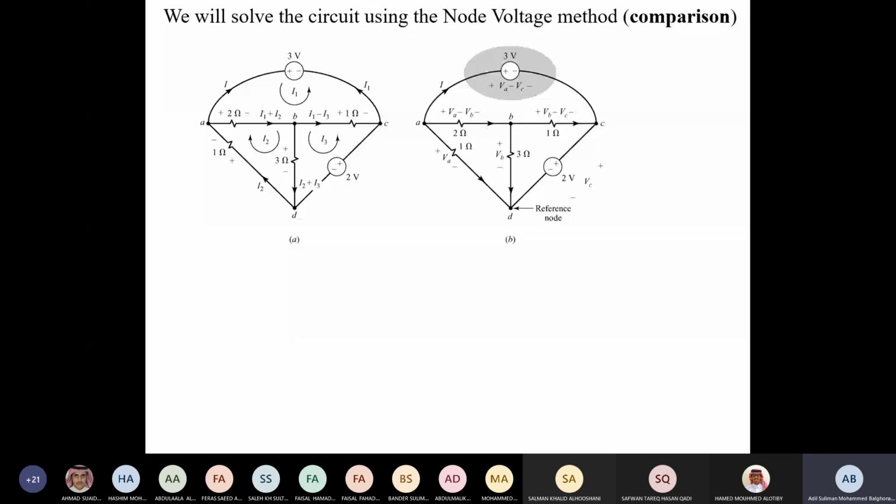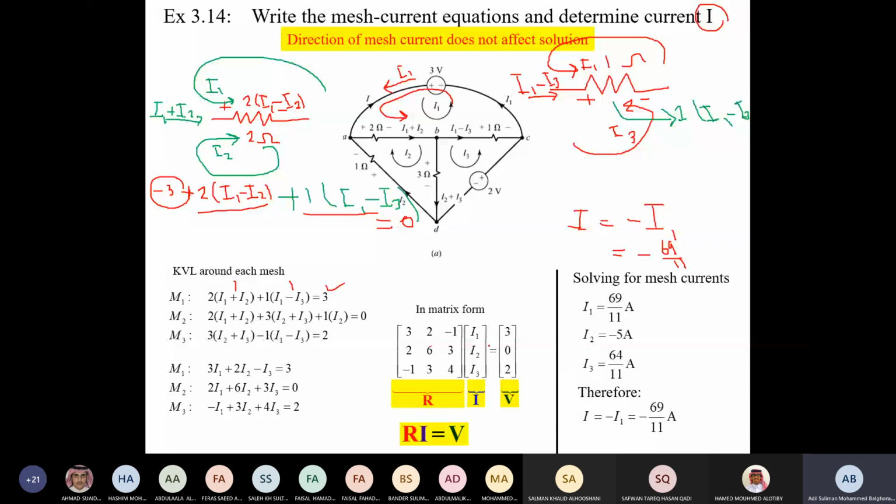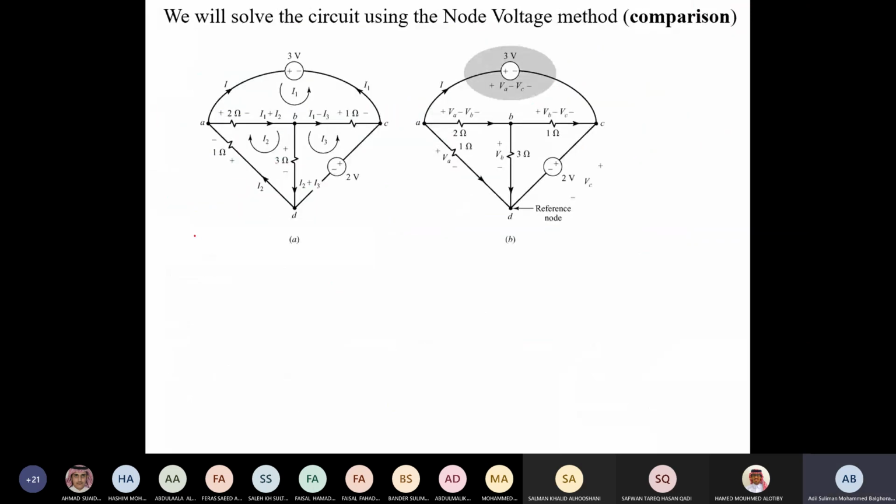Which one do I use? What's the criteria? Well, let me show you. If I use mesh analysis as in the previous one, I need a 3 by 3 matrix, or you solve for 3 unknowns. So the dimensionality is 3 by 3.